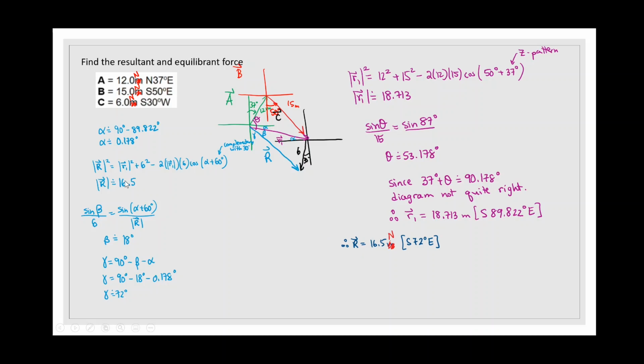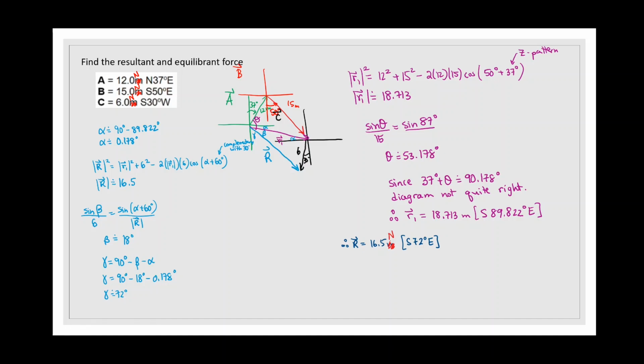Then to be able to find the angle of this blue vector, we want to place another angle within the triangle, but close to the tail of the vector that you're looking at. So I called it angle beta, and you could use sine law on that, and find that angle beta ends up being 18 degrees.